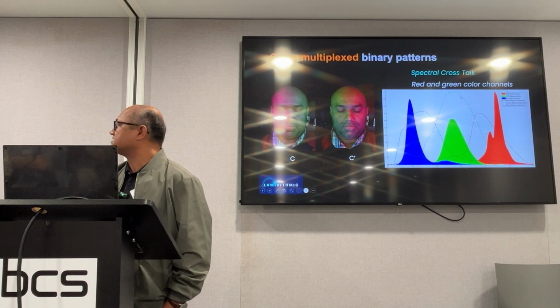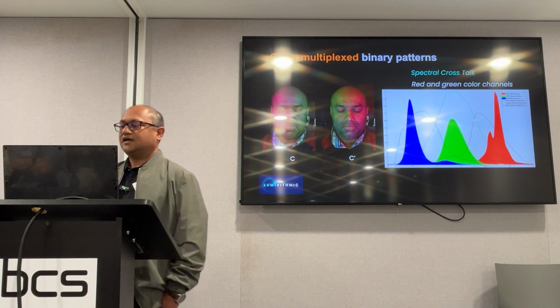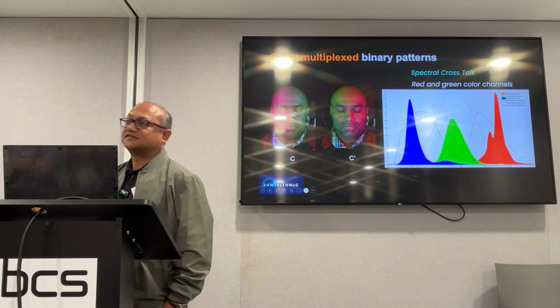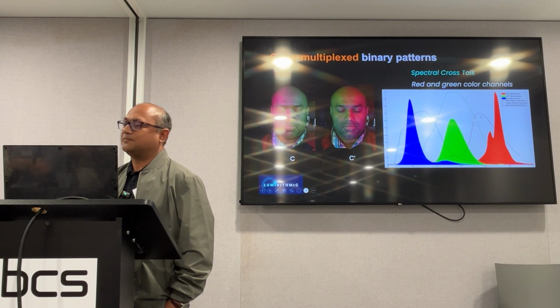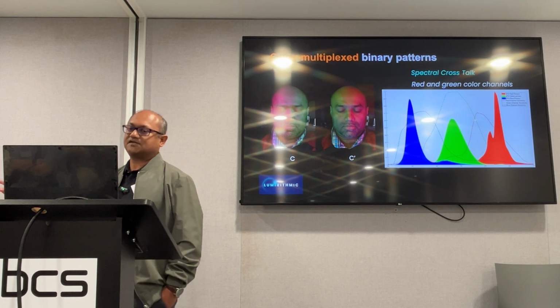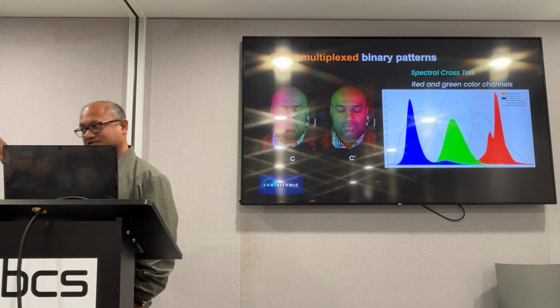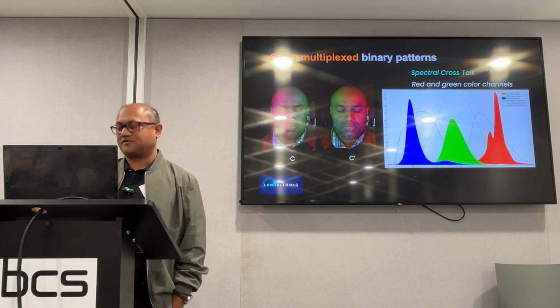And the dashed lines that you see are the sensitivity of the color camera that we are using. Blue and green are well separated, but our problem was that green and red are kind of overlapping due to the spectral sensitivities of the color channels, which means there is spectral crosstalk between these two color channels, which means if we just naively mix the lighting conditions, we could have a problem.